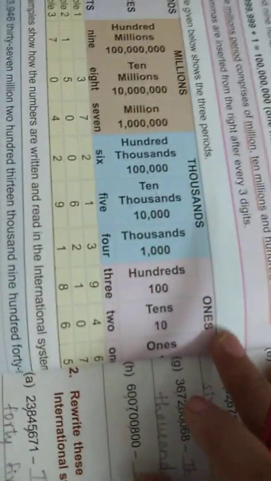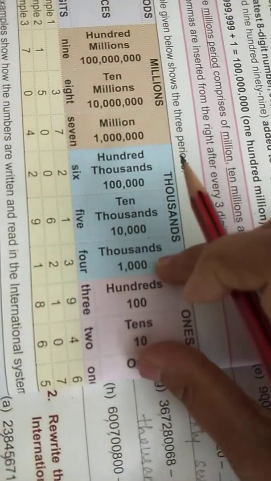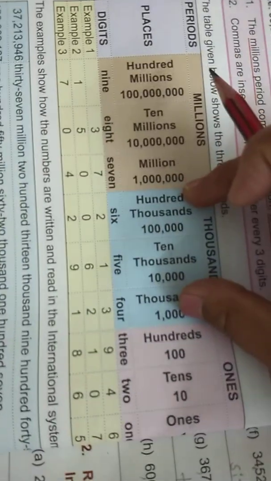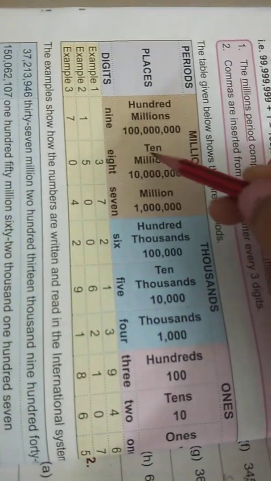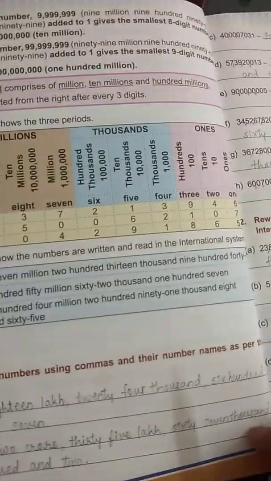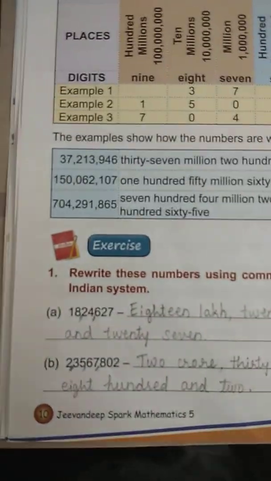So it's very easy: ones period, thousands period, million period. You have to insert the comma and write numbers in the Indian system as well as in the international system. Let us see what is given in the first exercise.